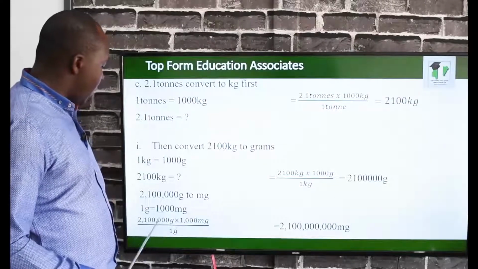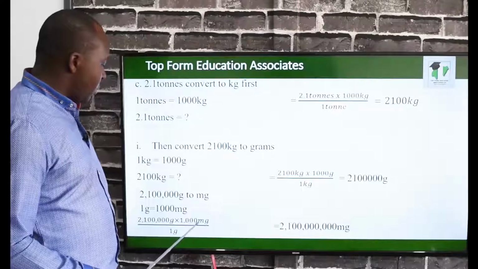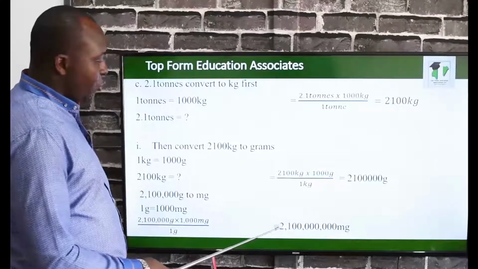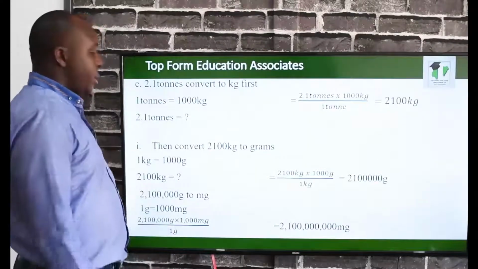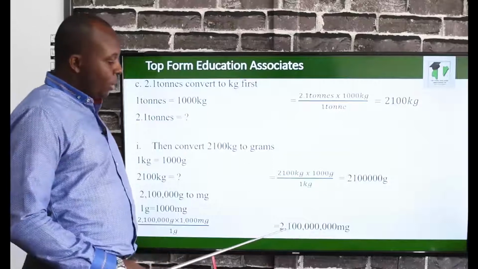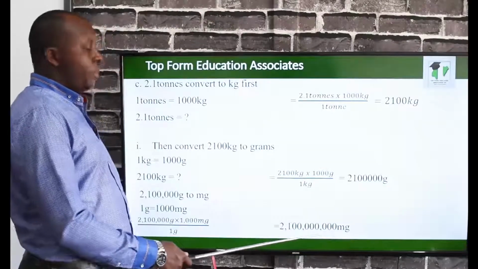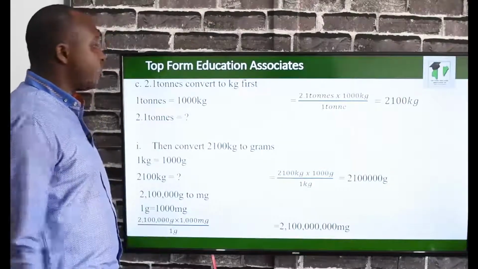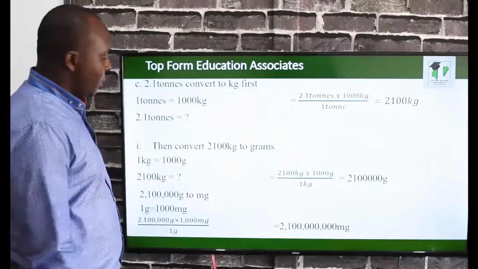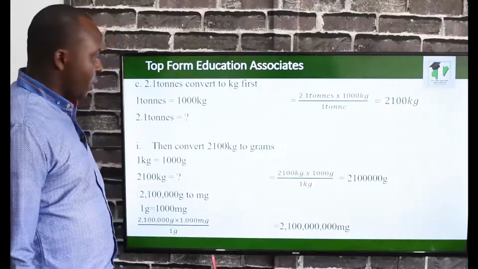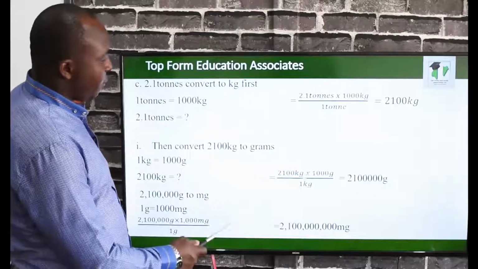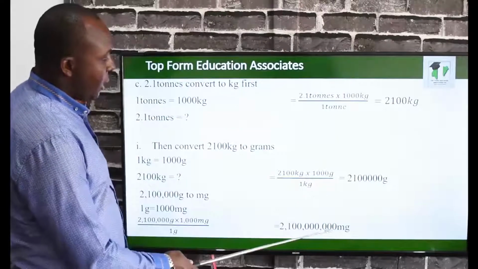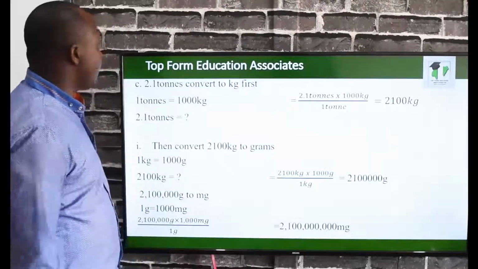So 2,100,000 times 1,000 now gives me 2,100,000,000 mg. That is the answer to that question. So we have converted it to gram and milligram.